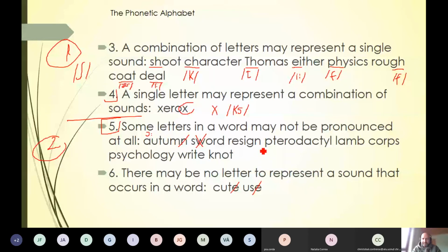Exactly. And when we say pterodactyl? Exactly. When we say lamb, lamb. Exactly. How do you think this word is pronounced?